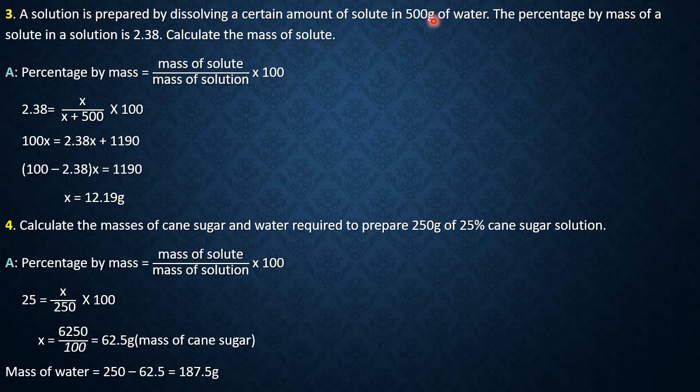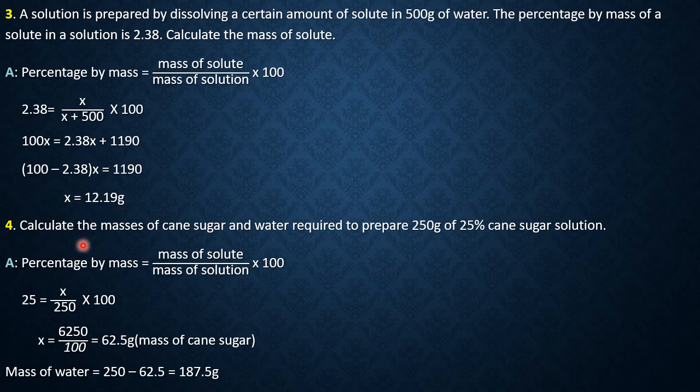In this solution, how many gram of solute is there? We don't know. So it is 500 plus x. Therefore, it is x by x plus 500 into 100. So please simplify, it's a very easy simplification. You know algebraic expressions or quadratic equations. Using those mathematical operations, you calculate: x equals 12.19 gram.